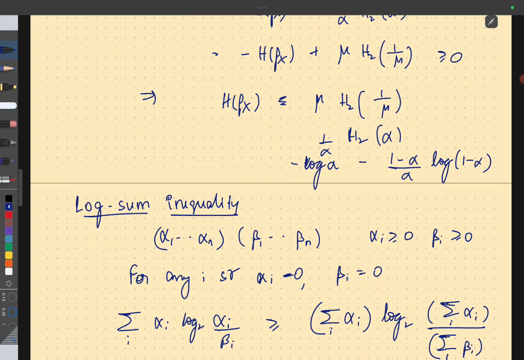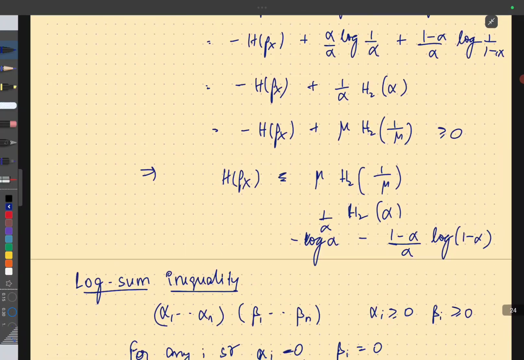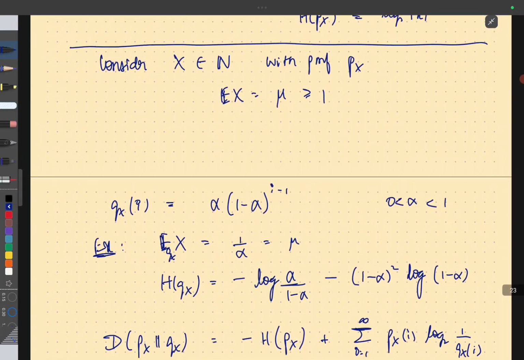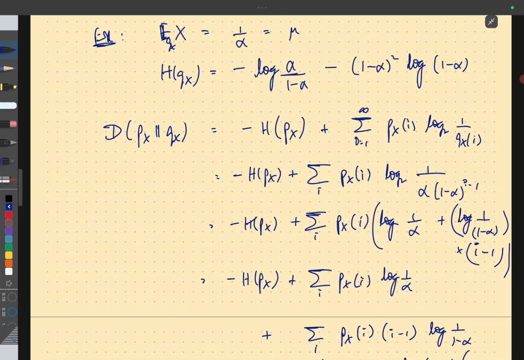So this would be minus log alpha minus 1 minus alpha by alpha times log 1 minus alpha. It seems to be a bit different, so you can just double check.